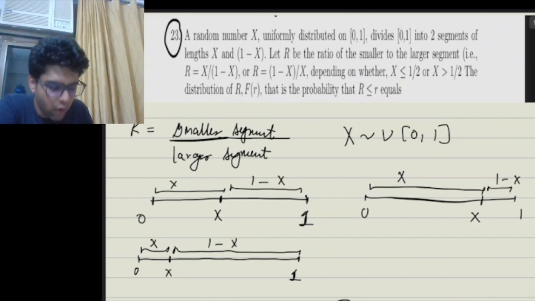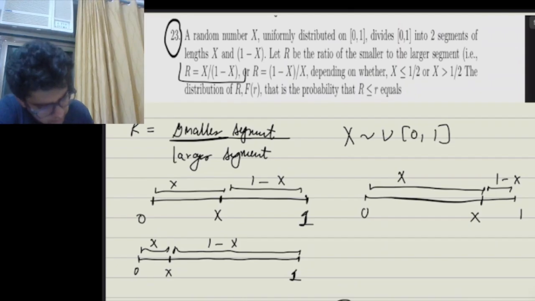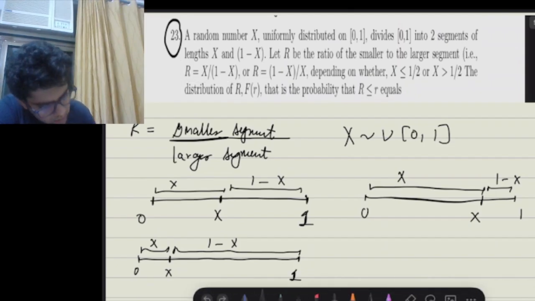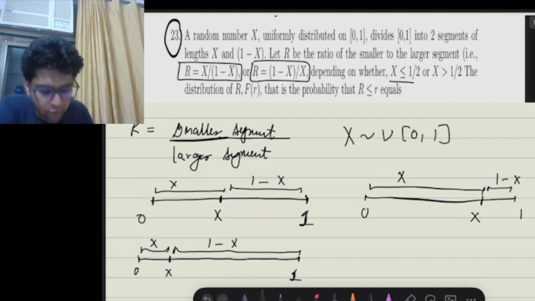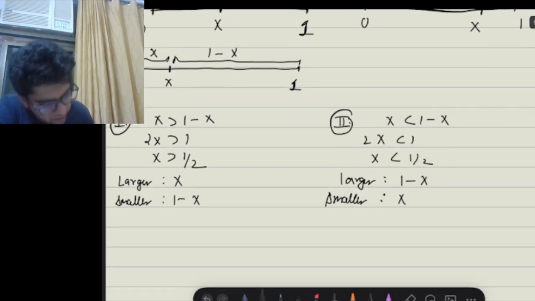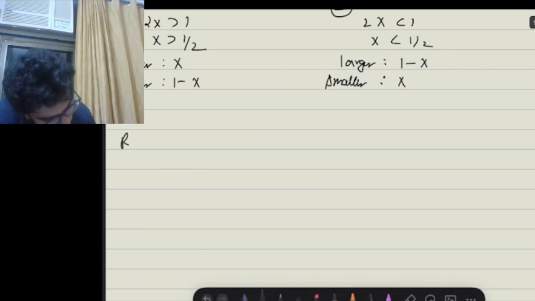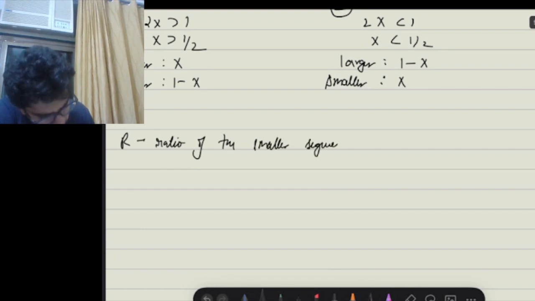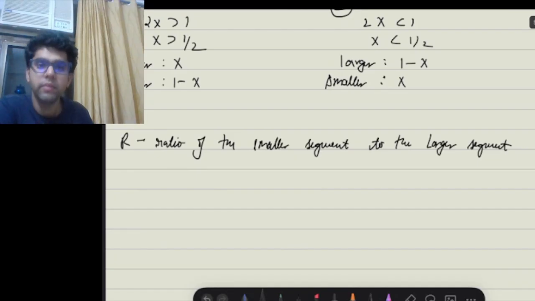Now they have given us two cases. Let r be the ratio of the smaller to the larger segment. So r is given to us as this, or r is given to us as this, depending on whether x is less than or equal to half or x is greater than half. Now they have defined r as the ratio of the smaller segment to the larger segment.